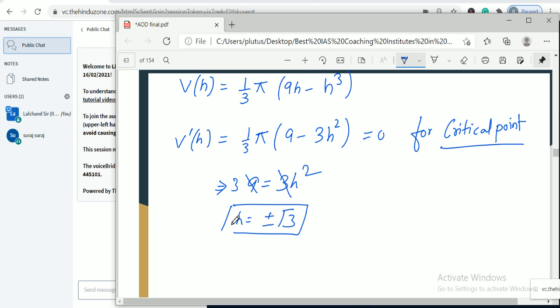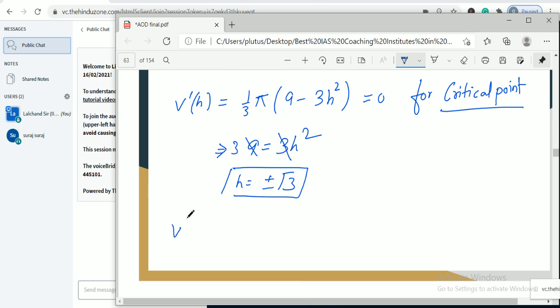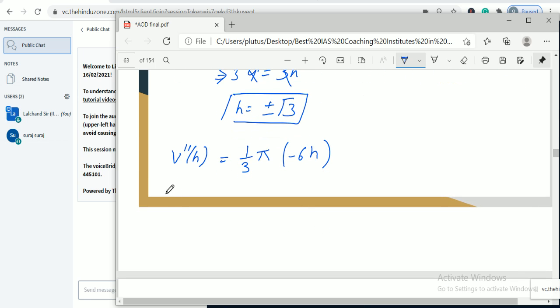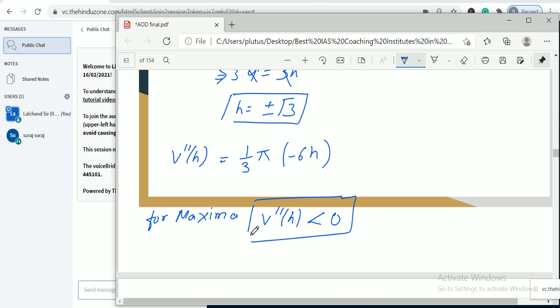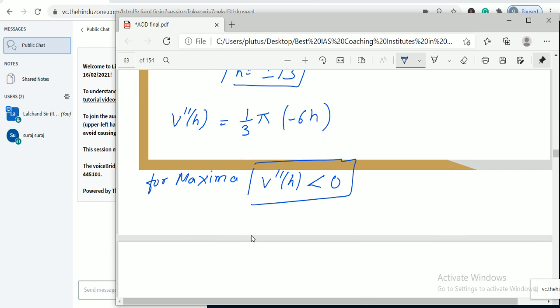So we are going to maximize. For maxima, we need the second derivative, v double dash h. What is the second derivative? 1 by 3 pi into 0 minus 6h. And for maxima, v double dash h should be less than 0. We have discussed this in the maxima and minima concept. So we need to find the second derivative for h equal to root 3 and h equal to minus root 3, these two critical points.